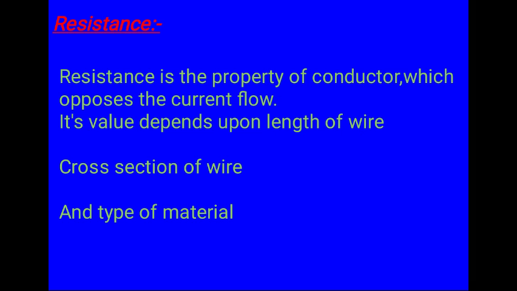It means R is directly proportional to L, and R is inversely proportional to the cross sectional area. When the cross section of the wire increases, the resistance of the wire decreases.